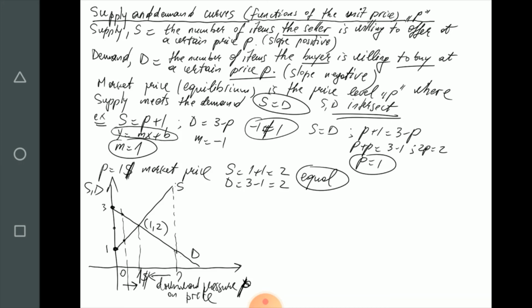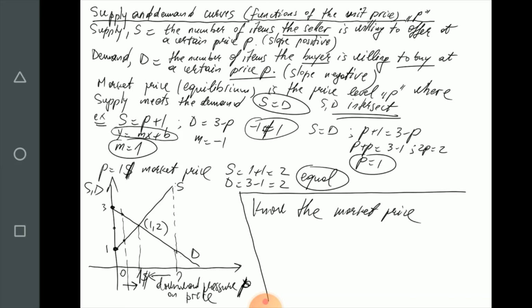Let's do one extra application in which we go about it differently, in which we know the market price, and we also know what we can call the stop loss information.